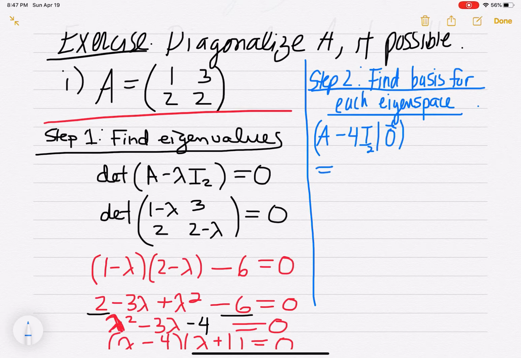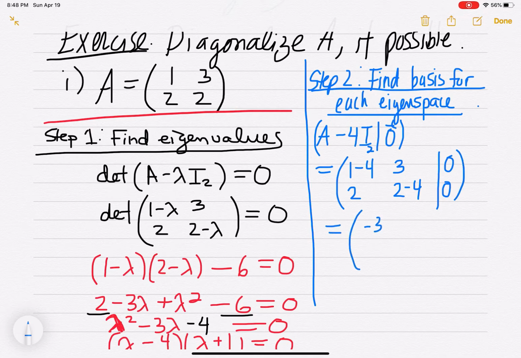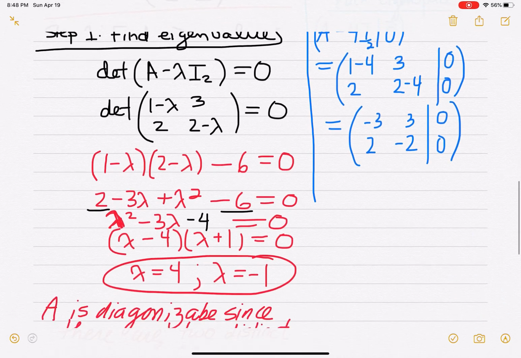Matrix A is 1, 3, 2, 2, and we're going to subtract 4 down the main diagonal, and then augment it with zeros. So we have the matrix with negative 3, 2 down the first column, and 3, negative 2 down the second column, and then 0, 0 down the far right. Can we row reduce this?